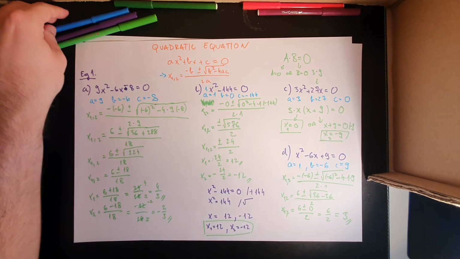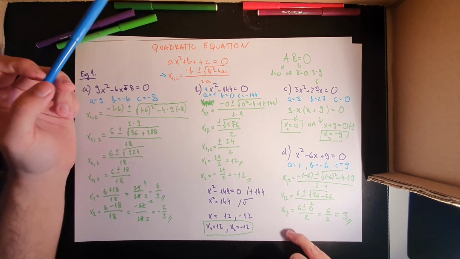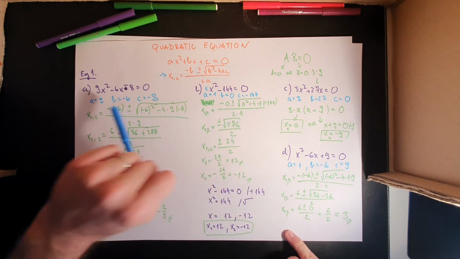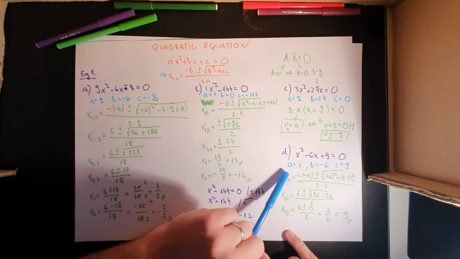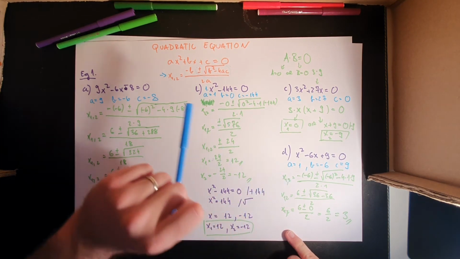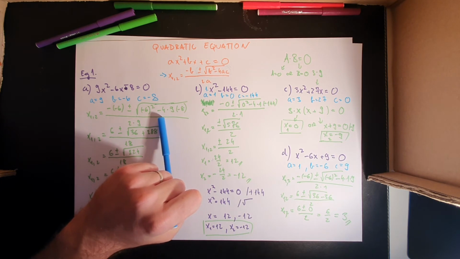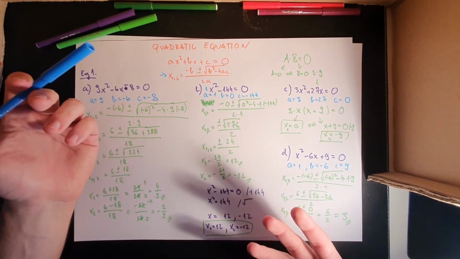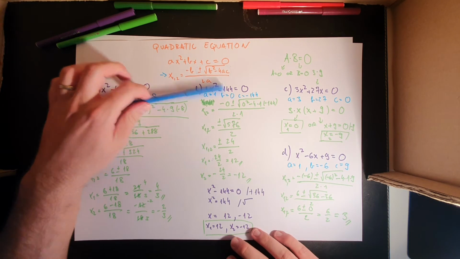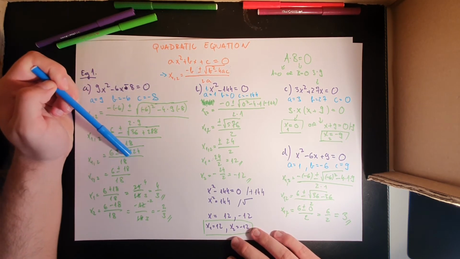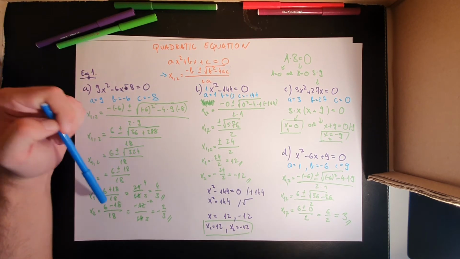Now there is another thing concerning this idea. What happened in, let's say, task A and task D is that inside of the root, things have worked a little bit differently, or we got different situations. In task A, we got a positive number inside of the root, which is good, and we got two solutions.